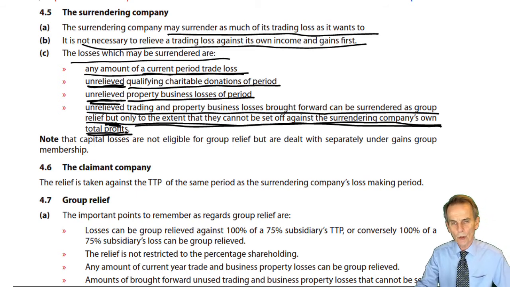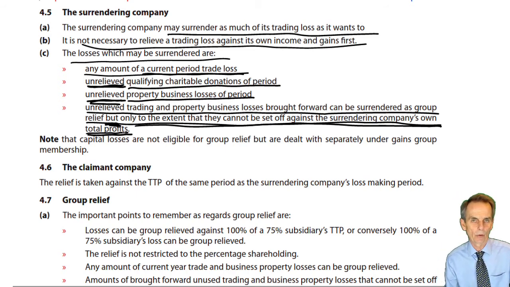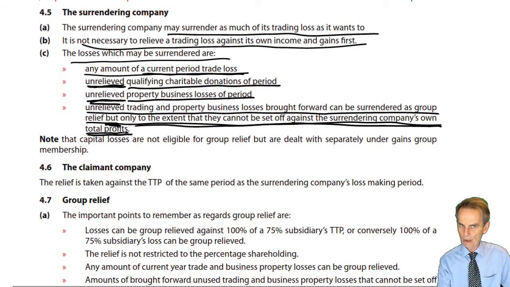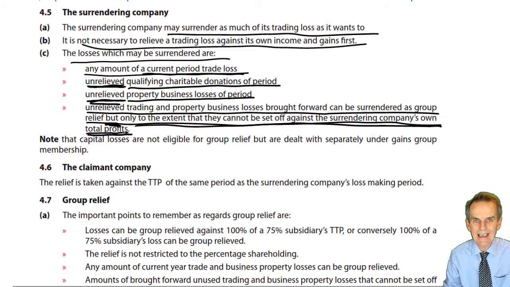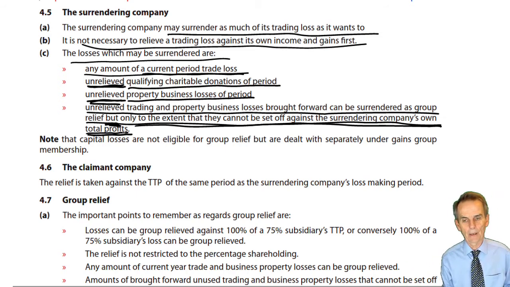So if you want to use any of that brought forward loss in a group relief claim, that would only be possible once you had used that loss firstly against any amounts of this previous loss-making company, the one with the loss brought forward, against its own total profits of the period.